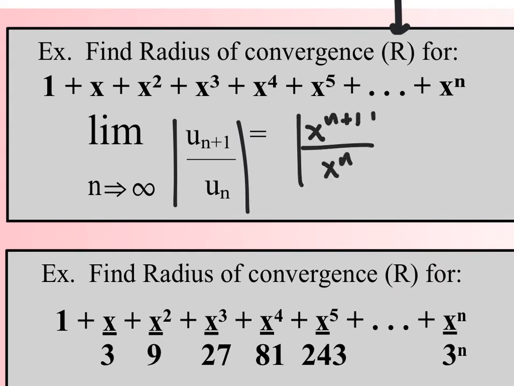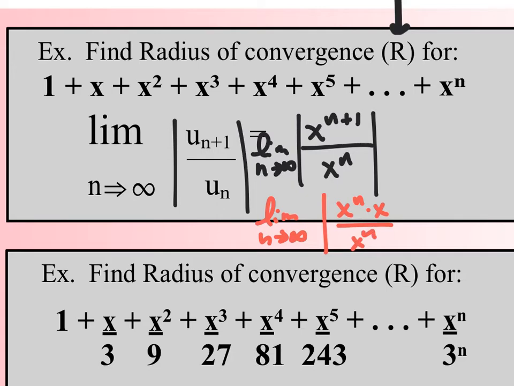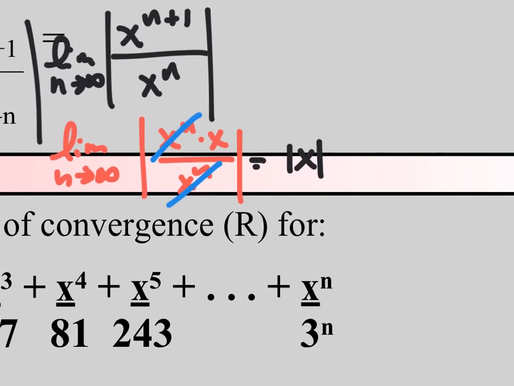There's the nth term. When I take the limit of that as n goes to infinity, that would be the same as the limit as n goes to infinity of x to the n times x over x to the n, which of course would be equal to x. When using the ratio test, we want whatever this is to come out to be less than 1.